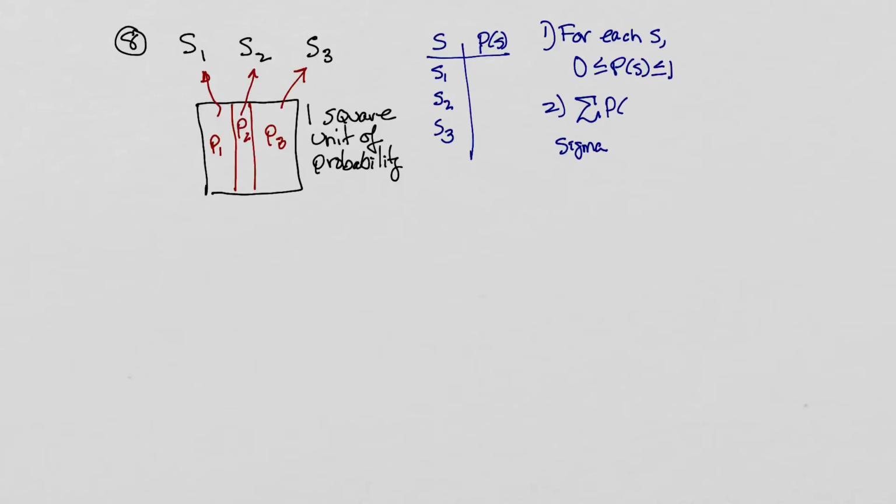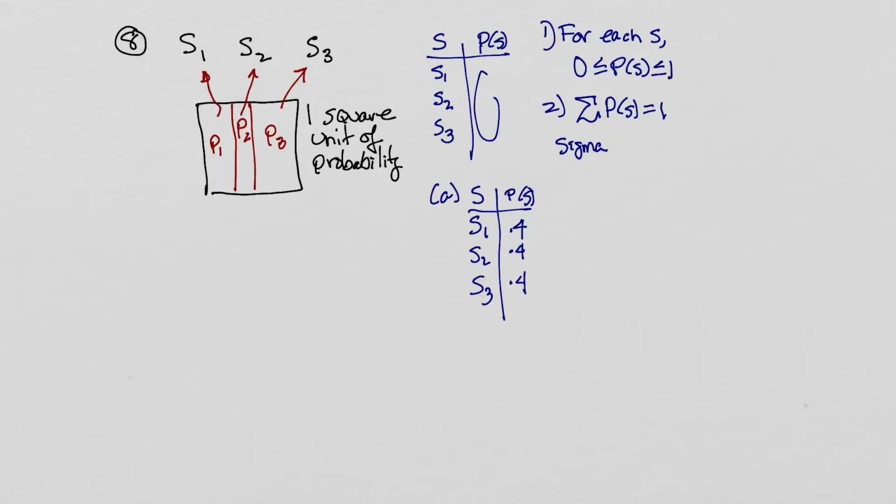If we add up these probabilities, we should get exactly 1. That should make sense, because if we distribute them back out and then put them back, we should be back to our 1. So for a distribution to be a valid distribution, both of these conditions have to be satisfied. And if one of them fails, then this distribution is not a valid probability distribution.